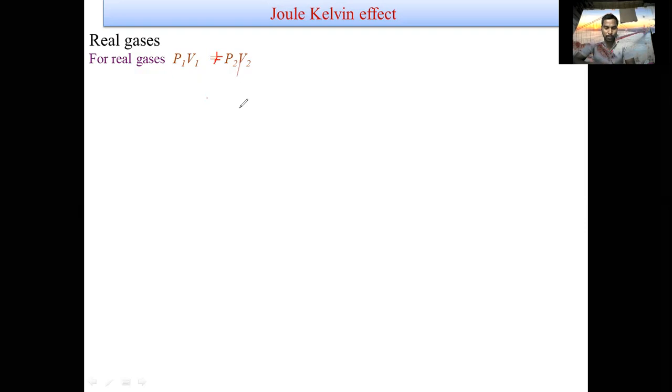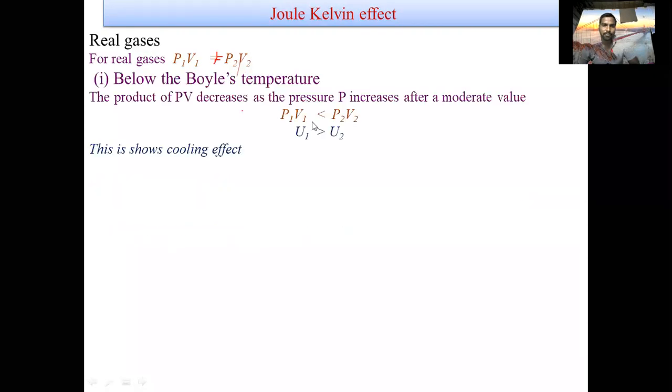The experiment shows that below Boyle temperature, the product PV decreases as the pressure increases up to a moderate value. That's why P2 V2 is greater than P1 V1, that is P1 V1 is less than P2 V2.